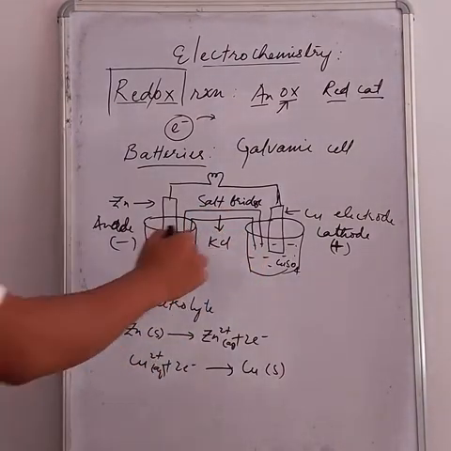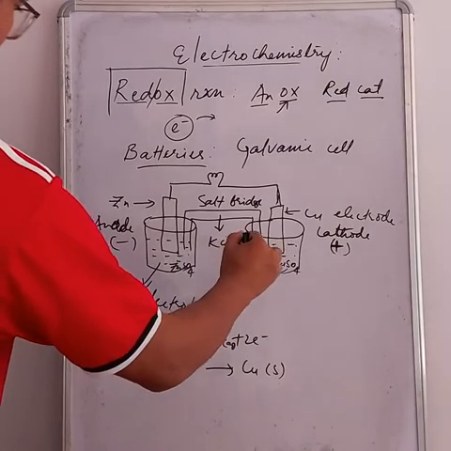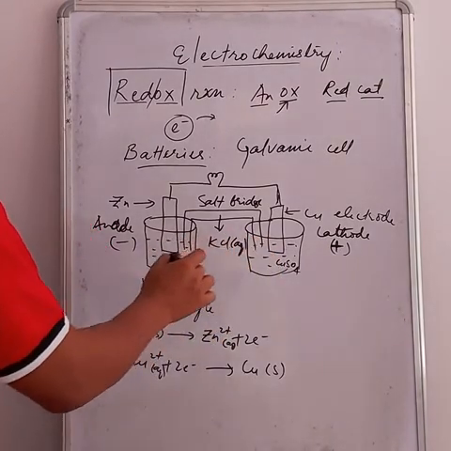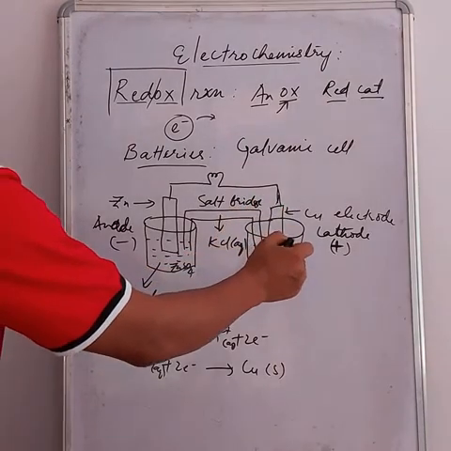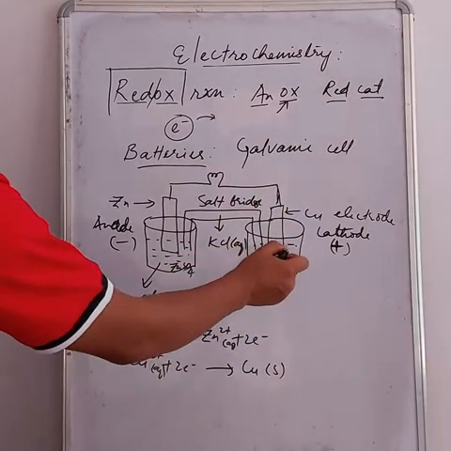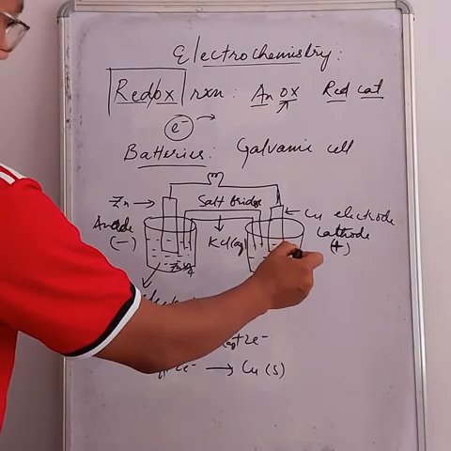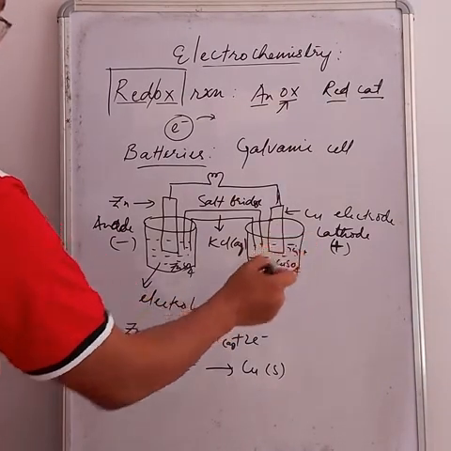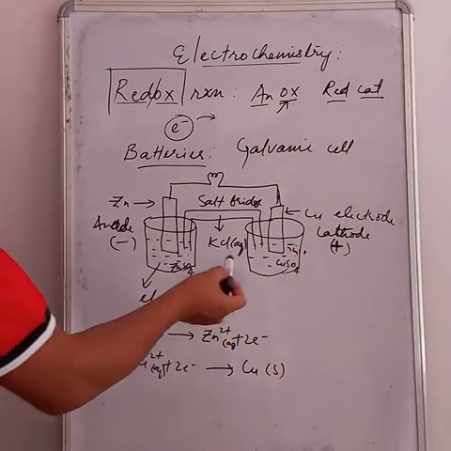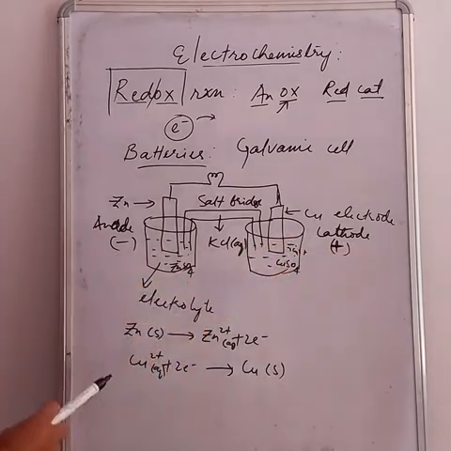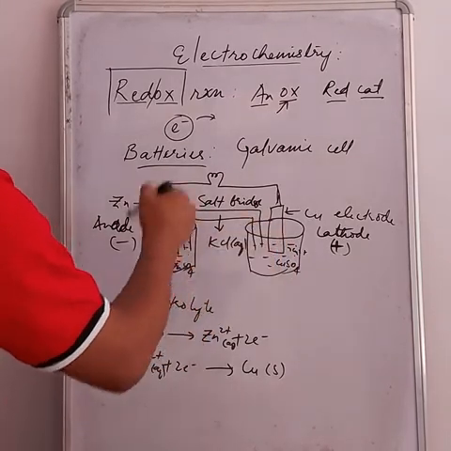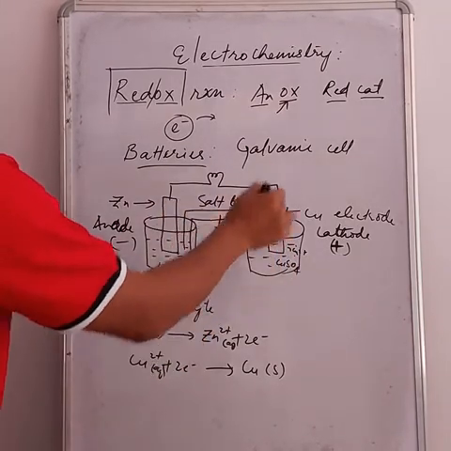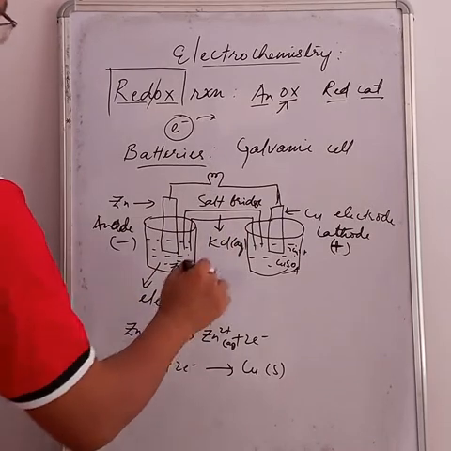This salt bridge is introduced so that once you dip copper in copper sulfate solution, it starts to form copper ions, and it becomes saturated with the copper ions. So there will be no conductance.